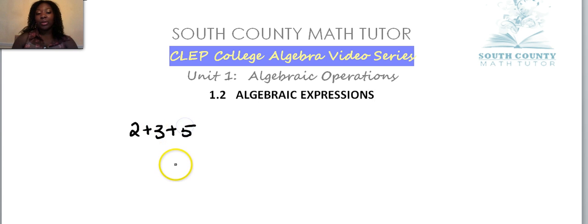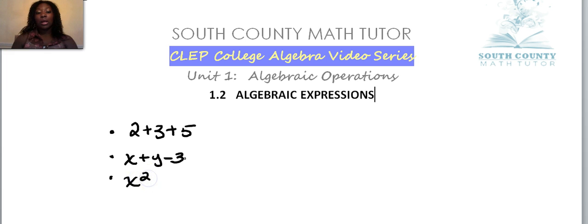So what are algebraic expressions? Well, algebraic expressions are things that you've seen before. For example, 2 plus 3 plus 5 is an example of an algebraic expression. Just making a mathematical statement is what I call it. Or something like x plus y minus 3 or x squared.